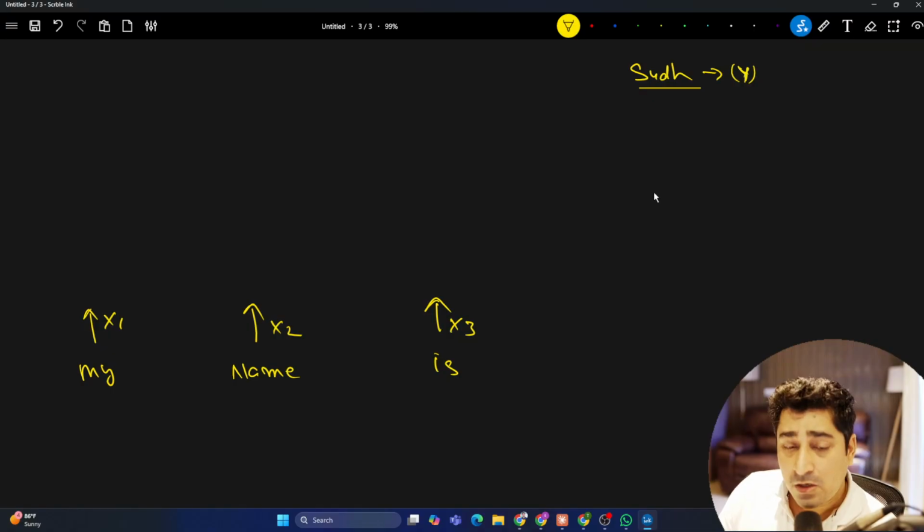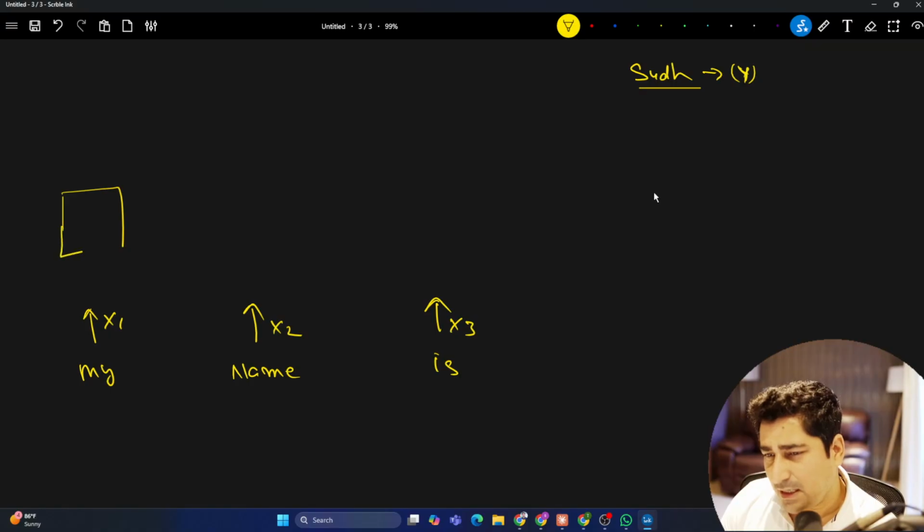So here, this data X1 will go into a neural network, let's suppose a feed forward neural network.